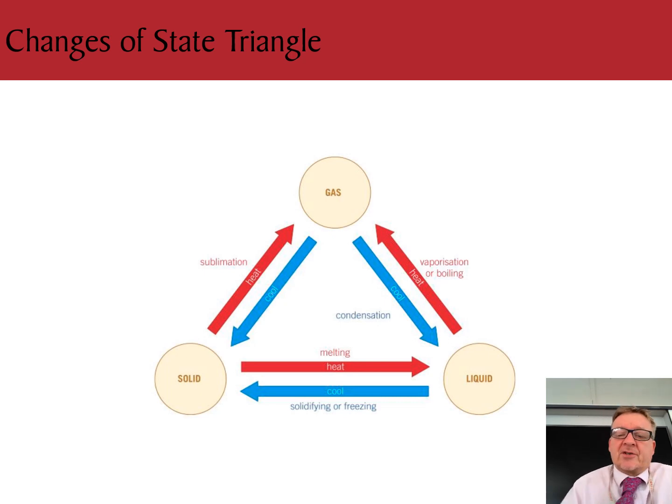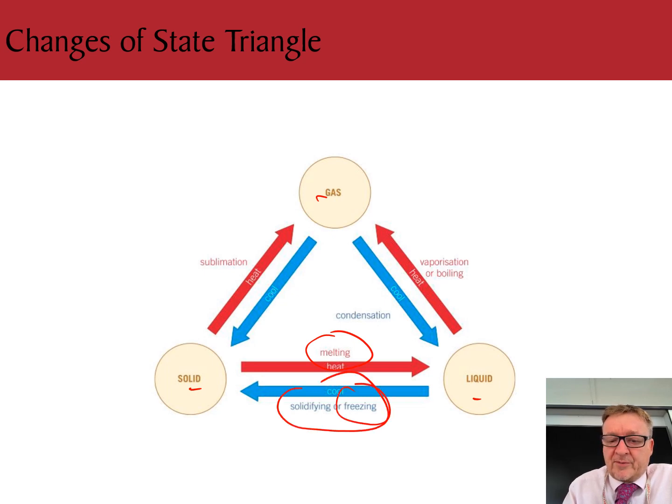Now, change of state triangle. So we've got solid, liquid, gas. Firstly, solid to liquid is melt. Liquid to a solid is solidify, but I much prefer freezing. Liquid to a gas is vaporization or boiling. Gas to a liquid is condensation.